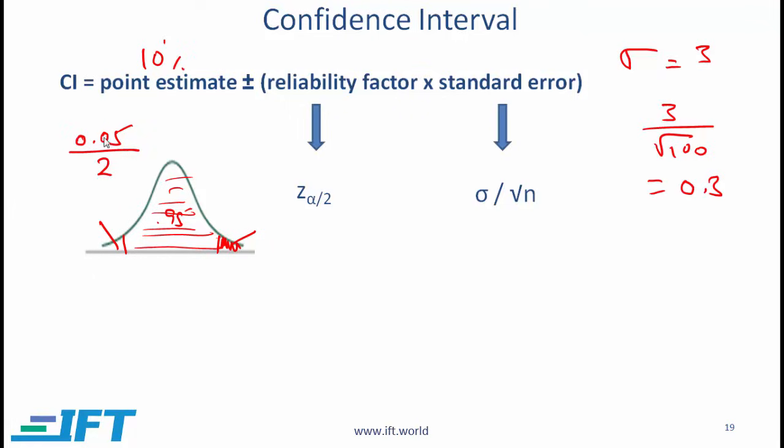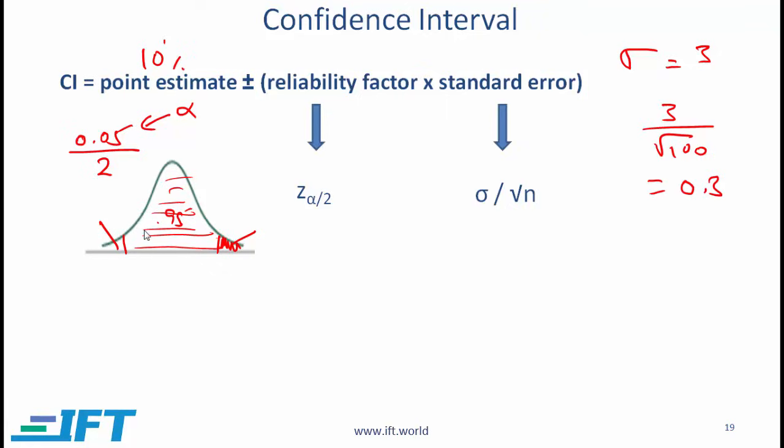The 0.05, which is essentially 1 minus 0.95, is sometimes called the alpha or the significance level. And in one tail, we are going to have half of alpha. That's why we use the symbol alpha over 2.